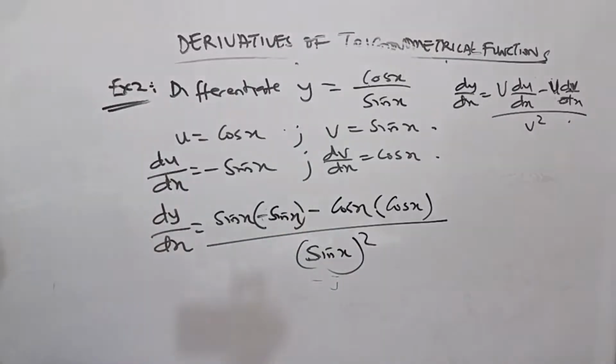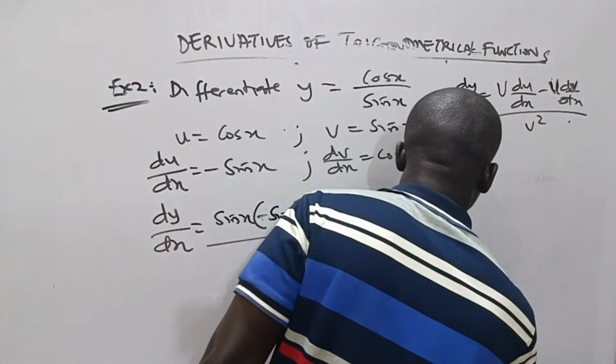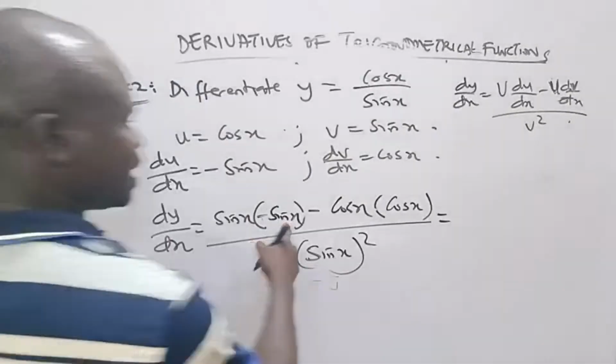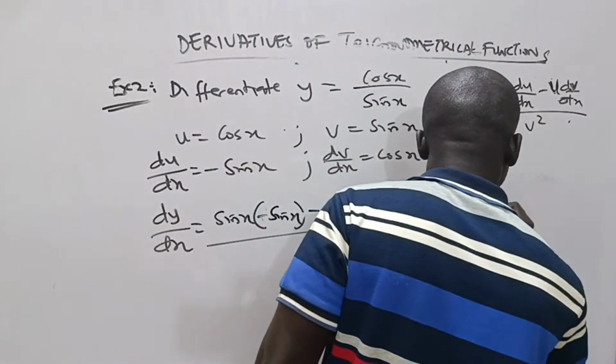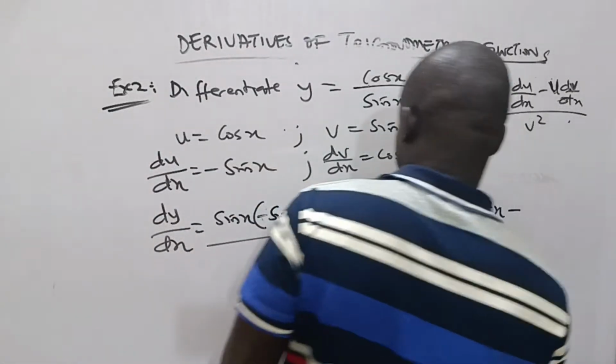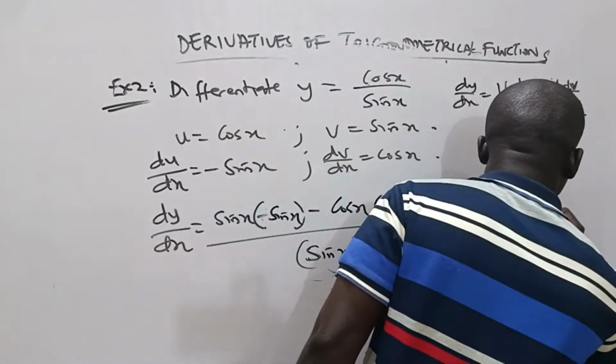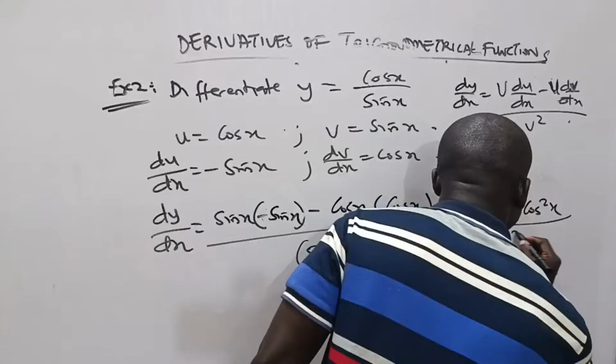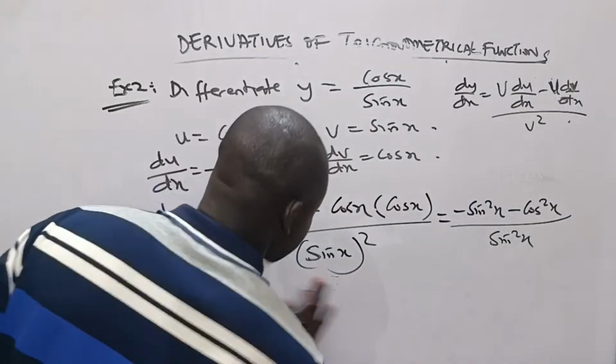Of course, we are going to see the implication now. This will be equal to sine x times minus sine x, that's minus sine square x, minus cos x times cos x, that's cos square x, all over sine square x. We can bring out minus at the numerator.